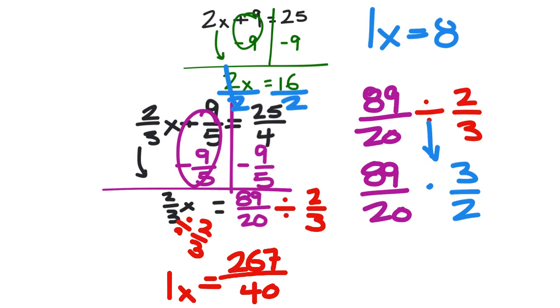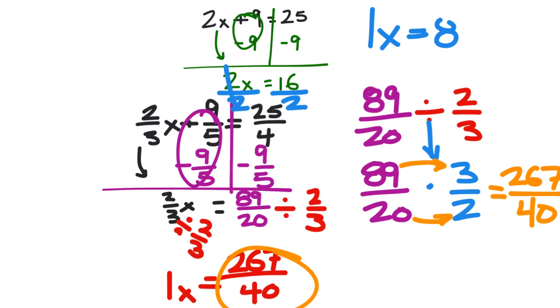And you can see from the fraction multiplication here, 89 times 3 is 267, and then 20 times 2 is 40, which is the same answer we got on the calculator. So, I recommend using a calculator because it allows us to do those operations pretty quickly. But if you're doing it by hand, this is what you would do.